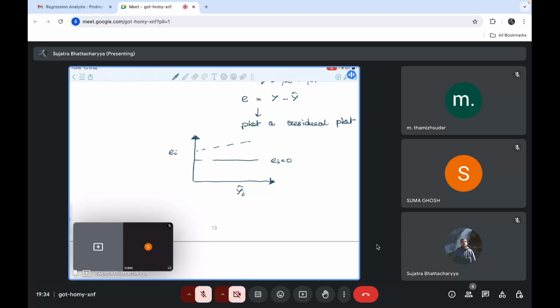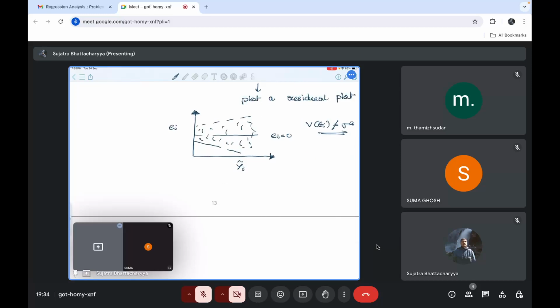Suppose this is like this, some open funnel kind of structure. Then what can you conclude from this? Since it is an open funnel structure, it is definitely sure that the variance of epsilon i is not equal to sigma square. If it is not equal to sigma square, then what? Then we have to go towards the weighted least square technique.